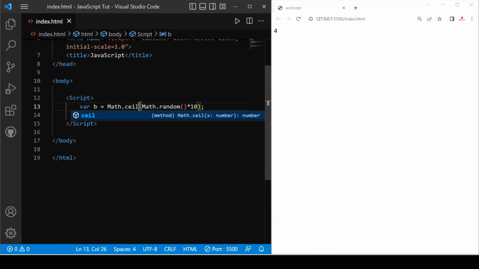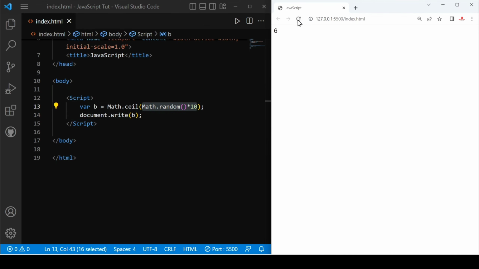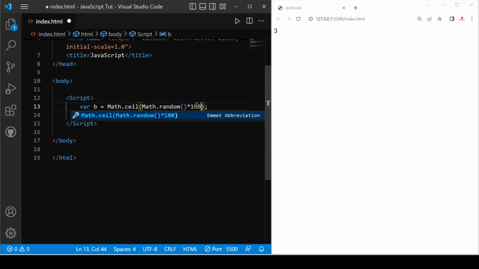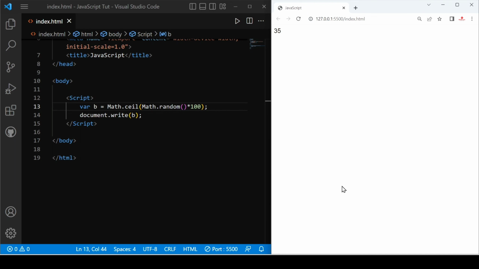It will give us the maximum value of the number generated. Now just refresh, it will give us a new value. Okay, and if you want from 1 to 100, then multiply with 100. Now it will give us a value from 1 to 100.